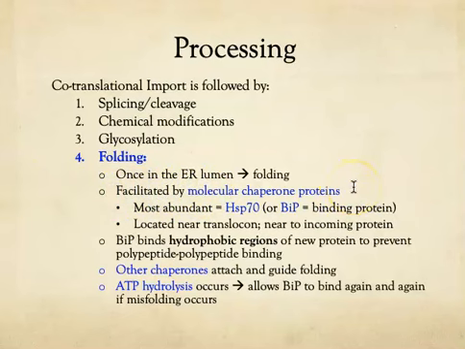In different source materials, you will hear these referred to sometimes as molecular chaperones, sometimes just as chaperones, and sometimes as chaperone proteins. Some version of these three words describes these important molecules that guide protein folding.